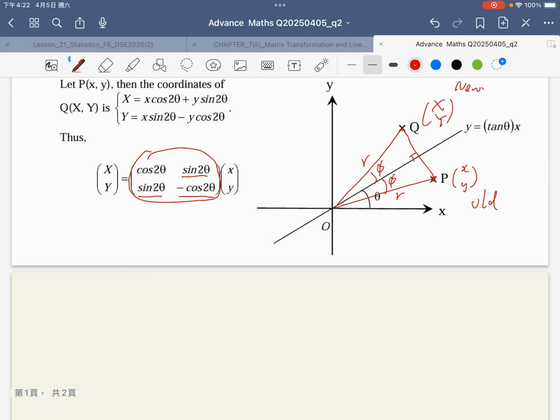How to prove that? If we let the reflectional angle be phi, then this angle is theta, and this is theta minus phi. Then we write the coordinates of x: x equals r cosine of theta minus phi, and y equals r sine of theta minus phi.